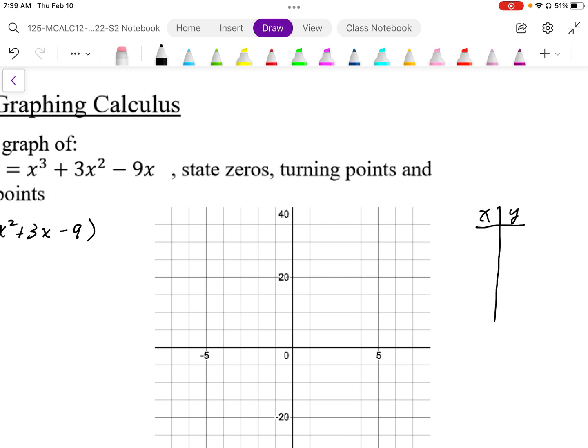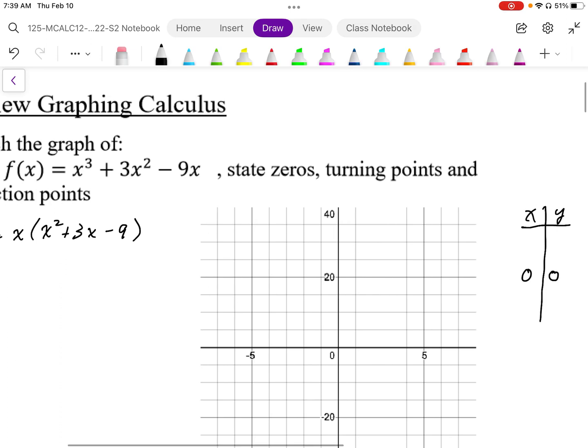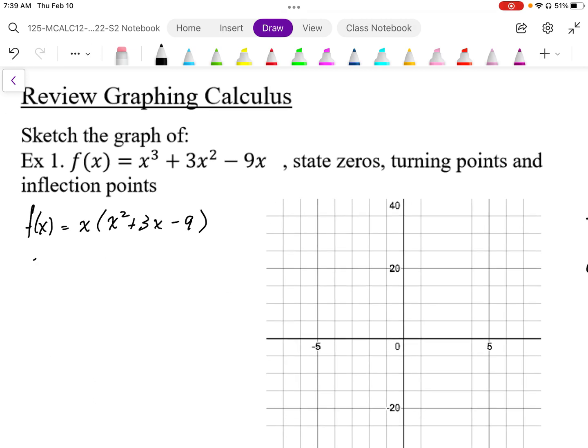So I have a 0 at 0. Okay, then I'm going to look for some other zeros by solving this quadratic. I have to use the quadratic formula, so I'm going to get negative 3 plus or minus the square root of 3 squared minus 4a times c, and that's all over 2a, so that's all over 2.